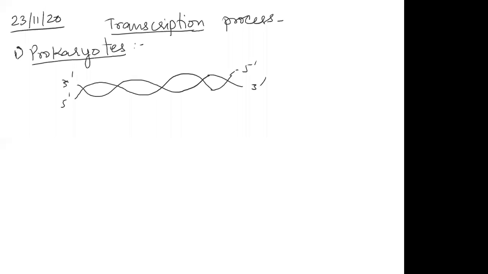So suppose towards the 5' end will be the promoter. This part of the DNA is what we say is the promoter region, and towards the 3' will be the terminator.